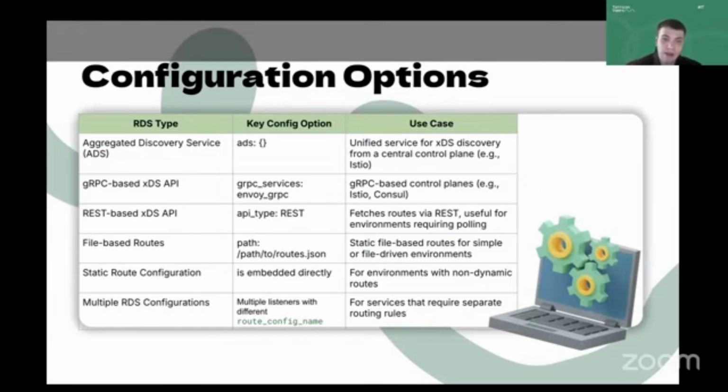And all this flexibility allows Envoy to handle dynamic routing efficiently in different microservices architectures and cloud-native applications. And in the table, you can see in the middle column the options from config that we can specify to enable any kind of the configuration approach you want.